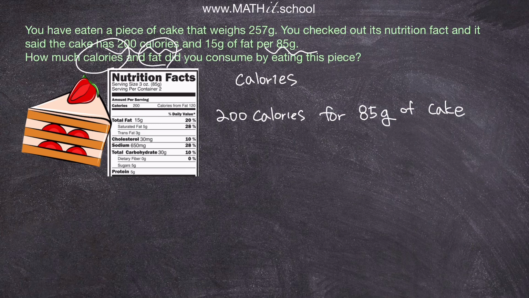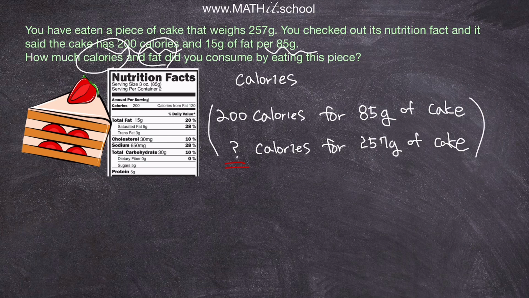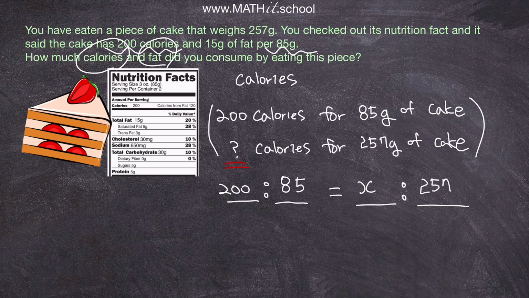But you want the amount of calories, which is unknown for now, for a cake that weighs 257 grams. Your job is to figure out this unknown calories. From this information, you can set up a proportion: 200 calories per 85 grams and x calories for 257 grams.